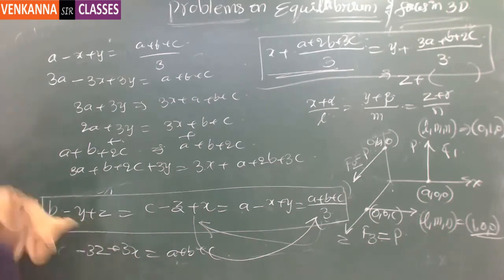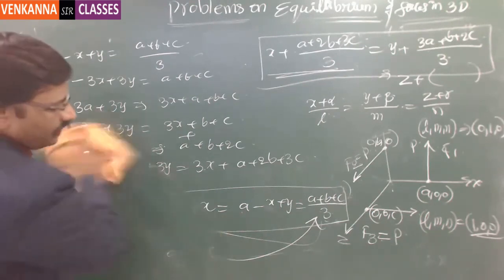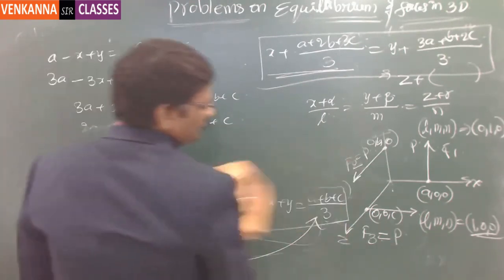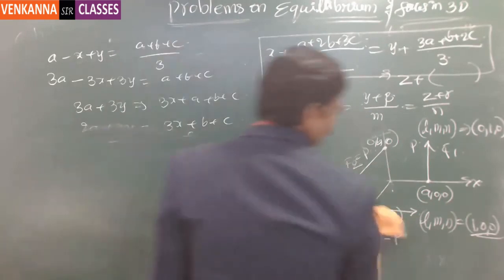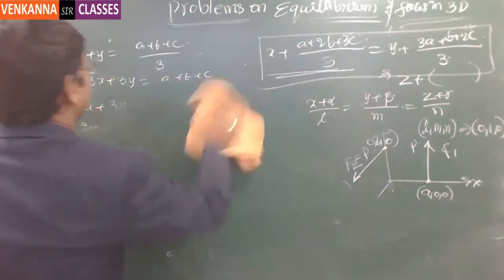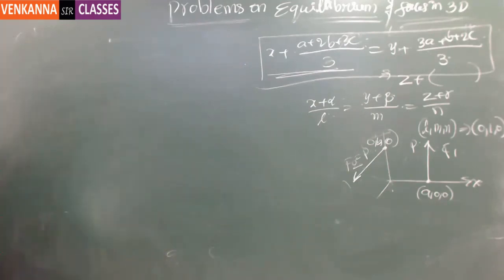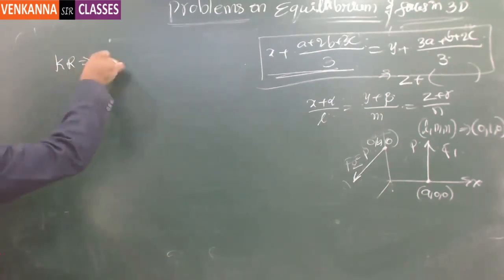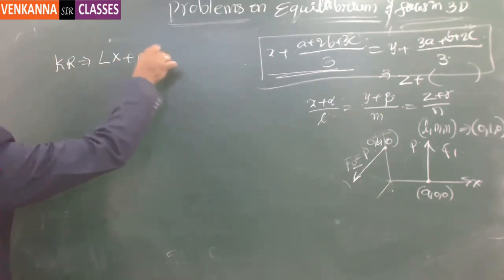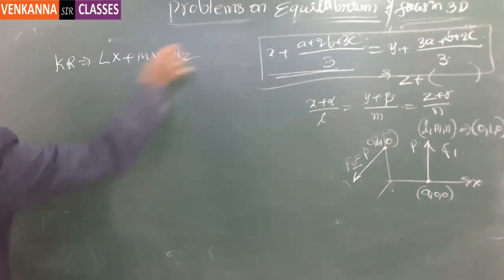Similarly, if you want to find out the pitch of the wrench also, you will be able to find it. So P R is equal to G R, and K R is equal to L x plus M y plus N z.